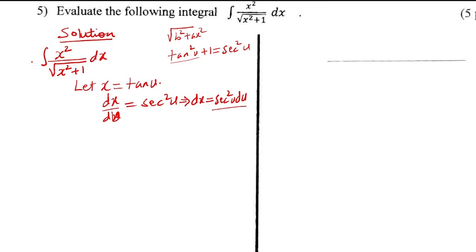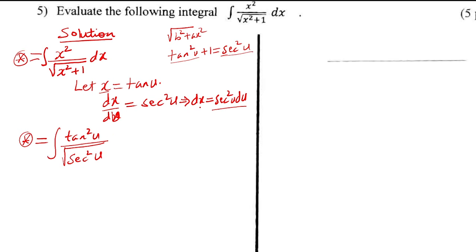Now let me represent this integral by star. So star is equal to the integral of, what's x square? X is tan u, so x square is tan square u over the square root of x square plus 1, tan square u plus 1. What's that? Sec square u. Therefore, it becomes the square root of sec square u.